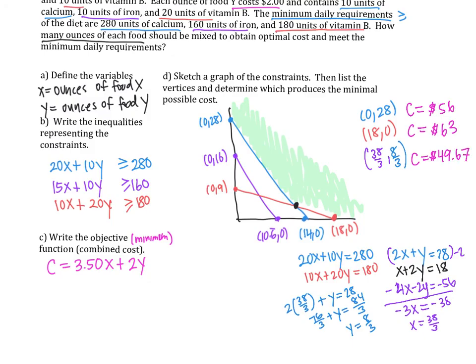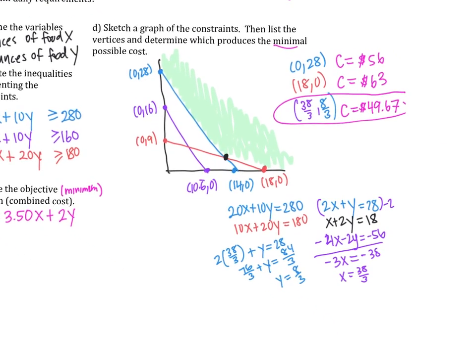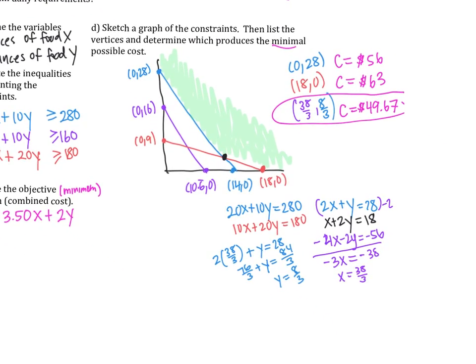What am I trying to do? Minimal cost. So the minimal cost is this one. And what does the question ask? How many ounces of each food should be mixed to obtain optimal cost? It doesn't ask me the amount of cost, but I needed it in order to determine which one was minimal. So let me write the answer.